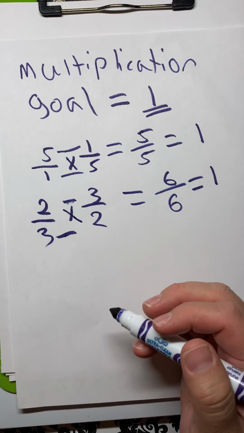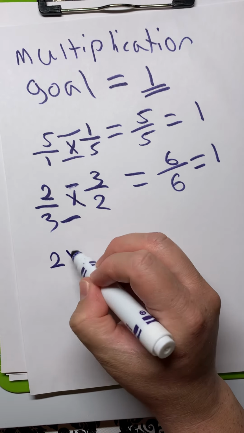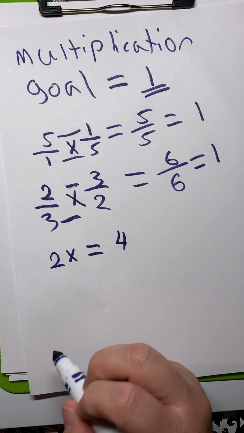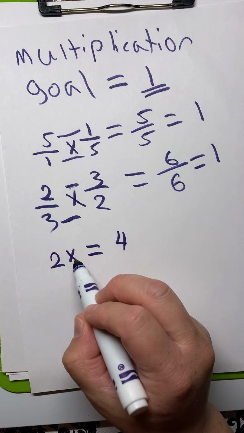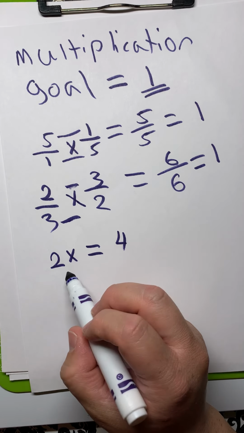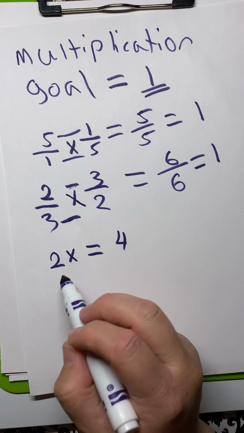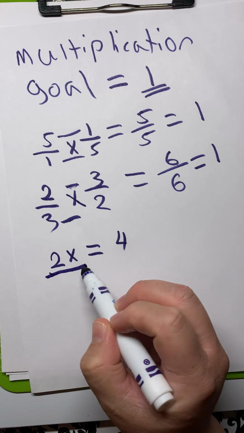So when we see this on an equation, it would look like something like this. 2x equals 4. Okay, so what are we trying to do here now that we know that's 2? That actually means 2 times x. What you have to do, you're multiplying by the reciprocal, or in this instance, you're dividing, because you have to try and get a 1 here. So here's your divide.